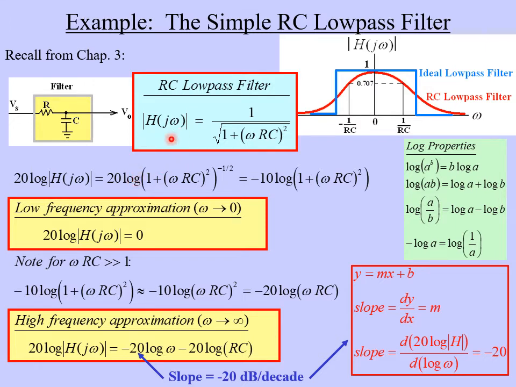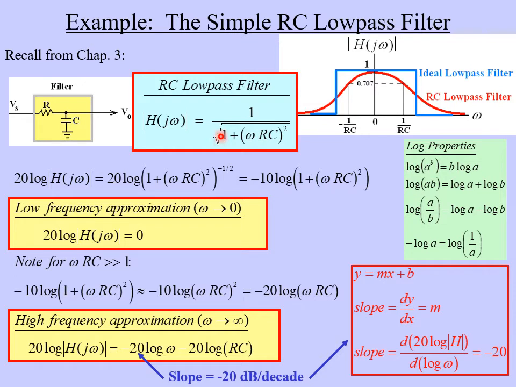So we've got the magnitude of the frequency response right here. Remember, for a Bode plot, we need to take 20 times the log of the magnitude. So we're going to have 20 times the log of this function here. Now, one of the tricks when using these magnitudes is they almost always have a square root in there, because we're using the Pythagorean theorem to find the magnitude.